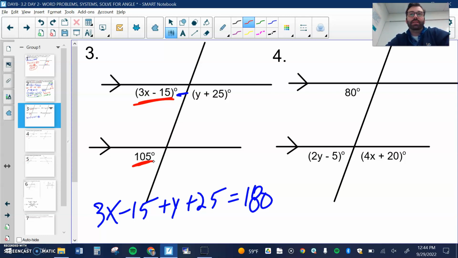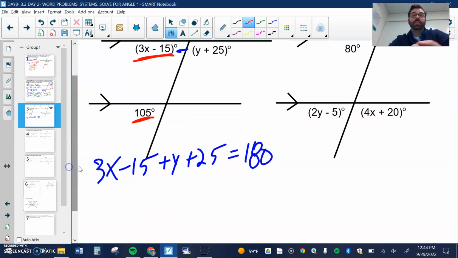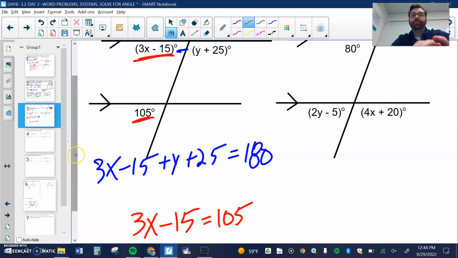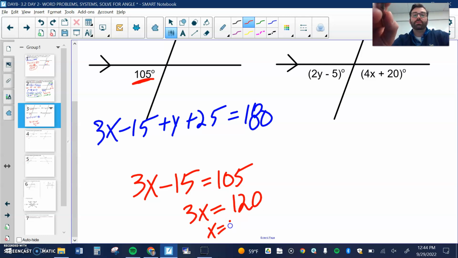The 3x minus 15 and the 105, well, if they're in the same position, they're corresponding, so they're equal. So before I even do anything with x and y, I can solve for x. 3x minus 15 equals 105, 3x equals 120, so x equals 40.